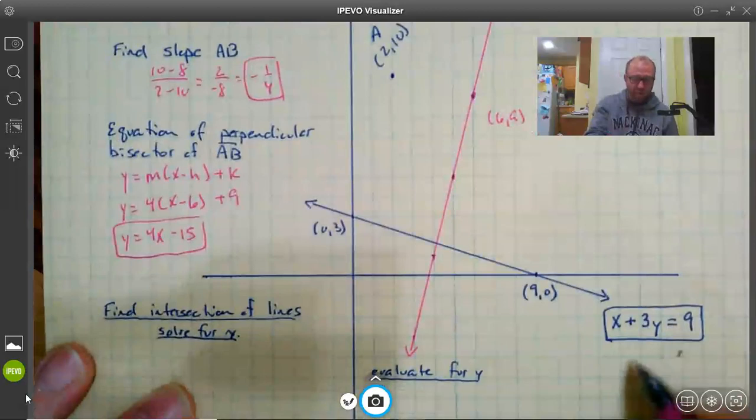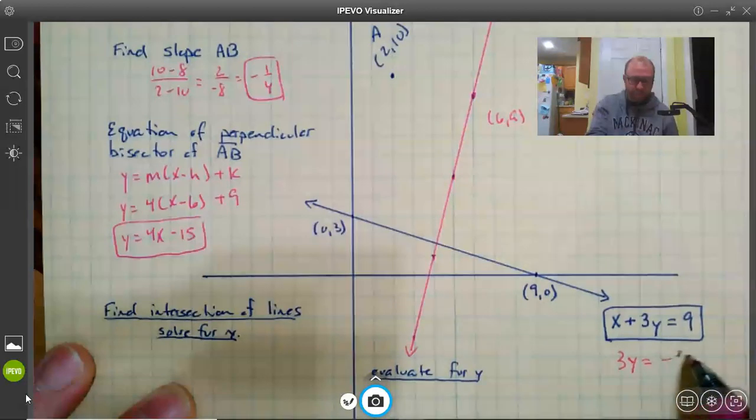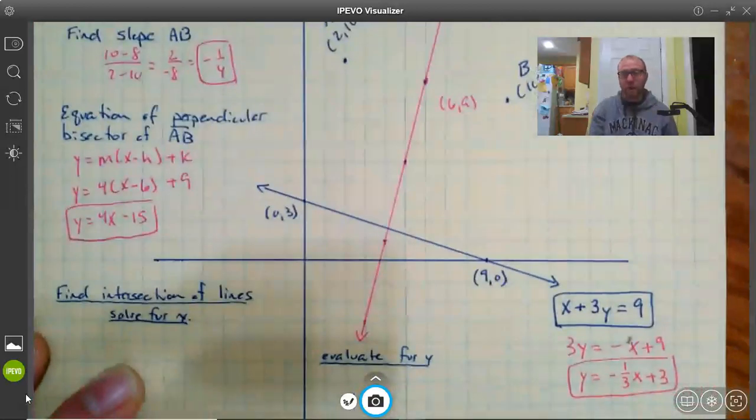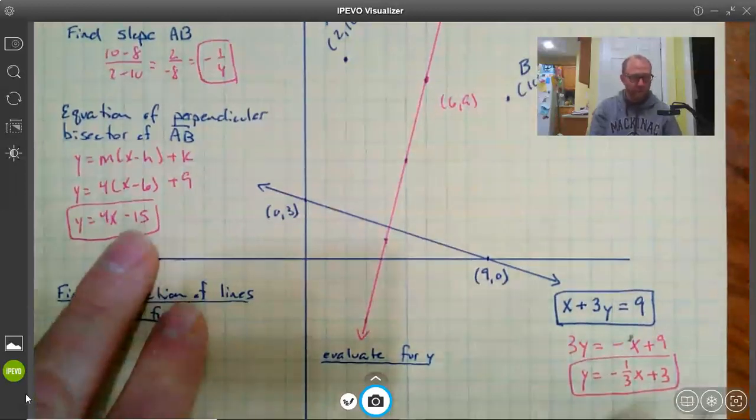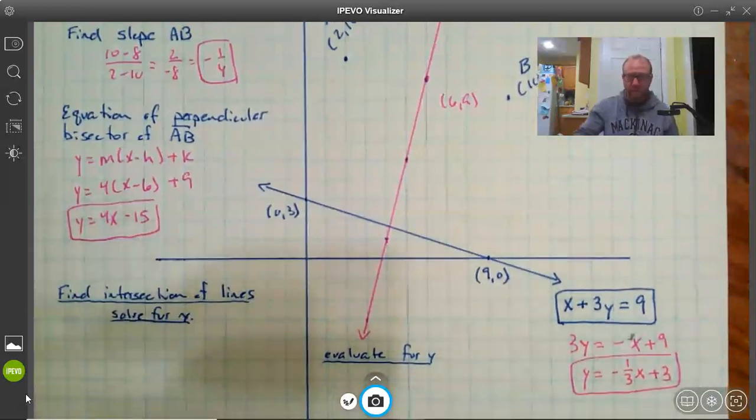So I'm going to subtract x from both sides. 3y equals negative x plus 9. y equals negative 1/3 x plus 3, which, by the way, is how I graphed this line in the first place. So find this y-intercept with the slope. Now I can say that this expression equals this expression.